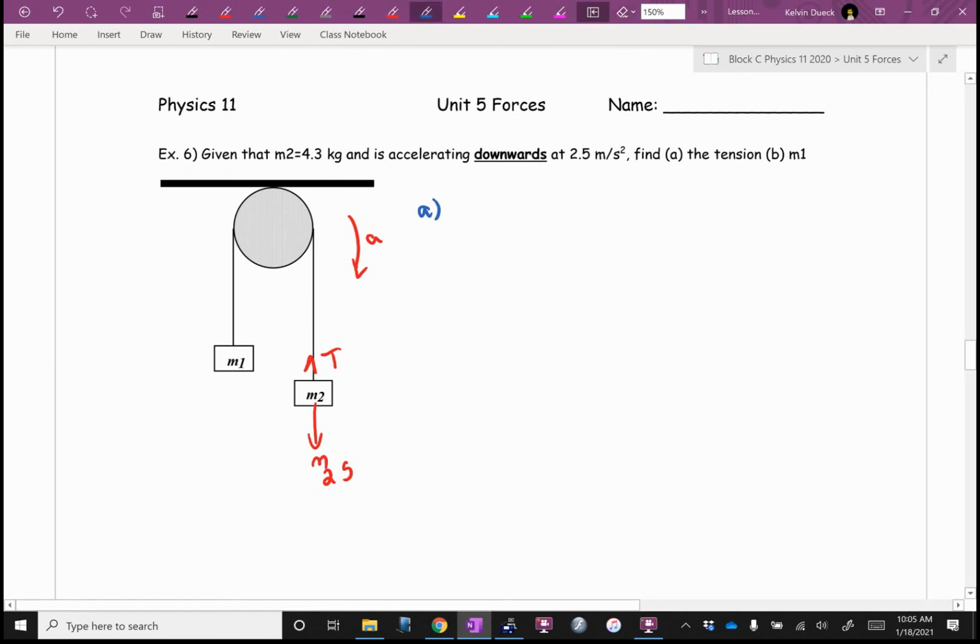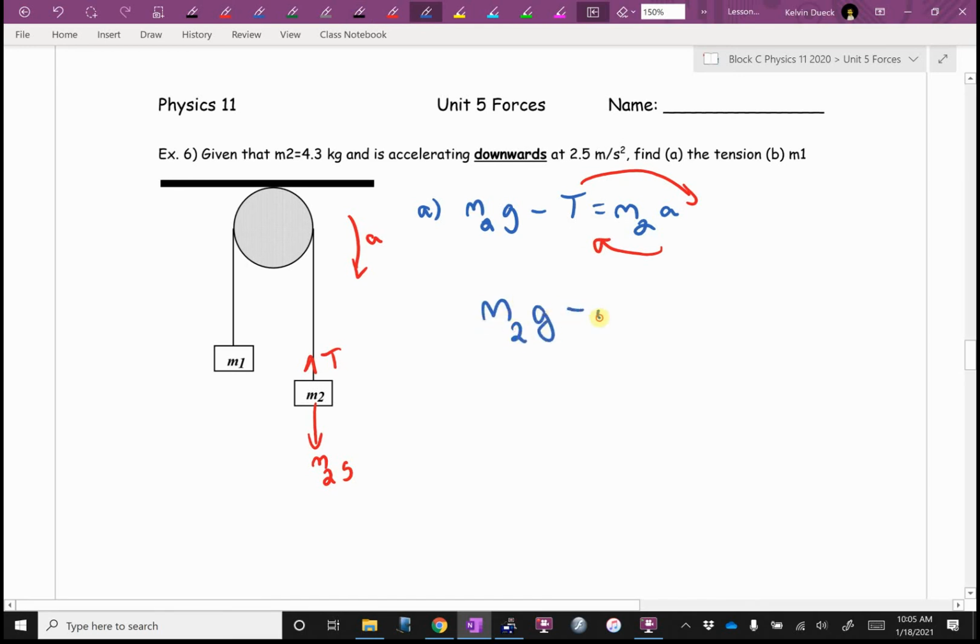Equals M2A, because we're looking at one mass. What's right in front of the T that I don't like? Swappy dance, right? Because A wants me to find T. So plus the T over there, minus the M2A there, and I'll get this.